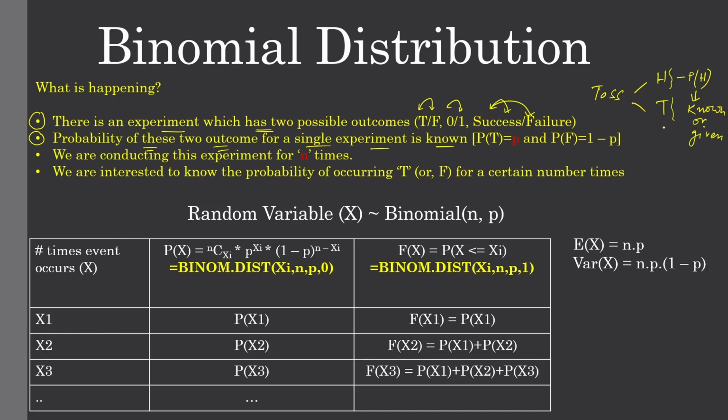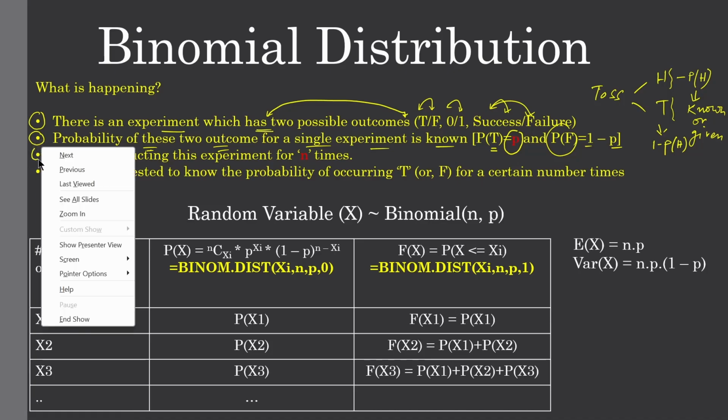Even if the second one is not given, we can calculate it by knowing that the total probability is always equal to 1. So the probability of true, if it is given, is equal to p, and the probability of false is equal to 1 minus p. So this is another condition. What are the two conditions? First of all, two possible outcomes have to be there, and the probability of each outcome for a single experiment must be known.